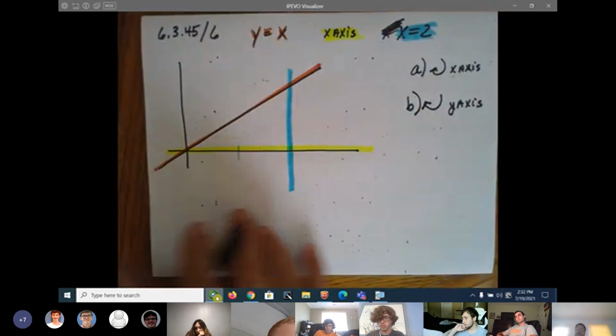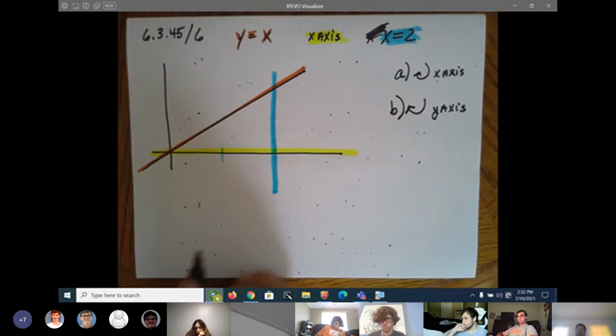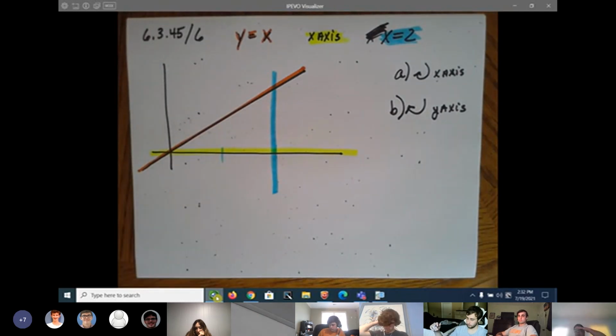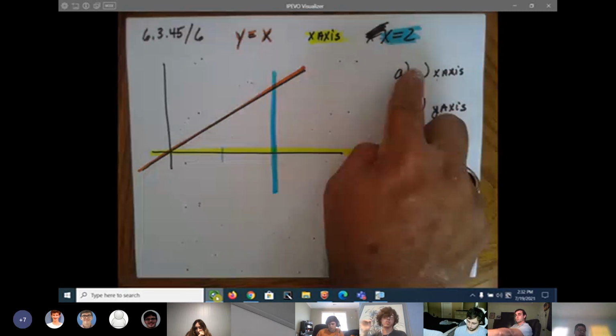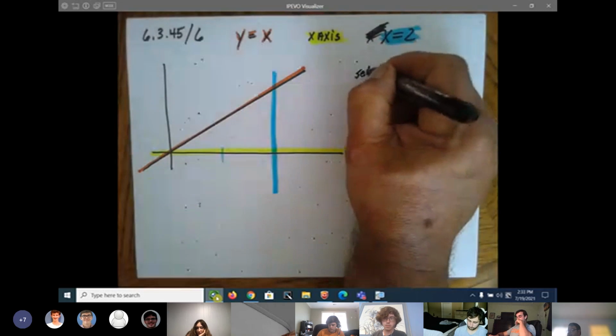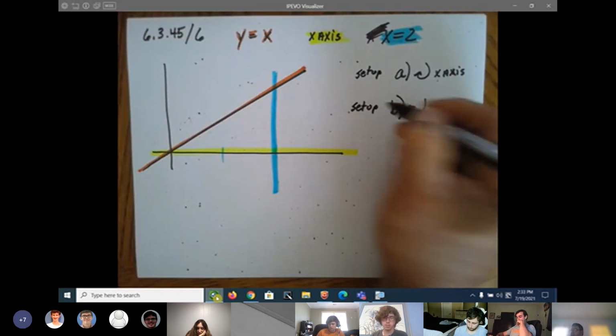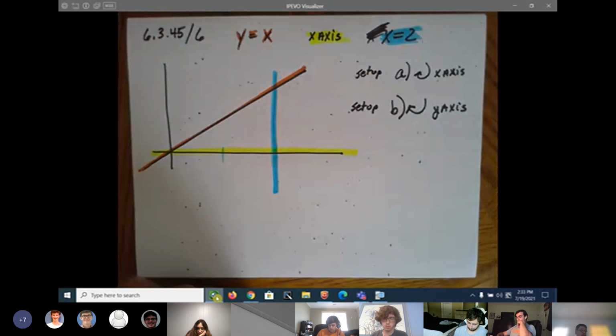I'll give y'all a few minutes to set them up. And just get to the setup and then go to B. I'm not worried too much about it. We need to work the math together. Get to the setup on A and then do the setup on B. Give you a couple of minutes.